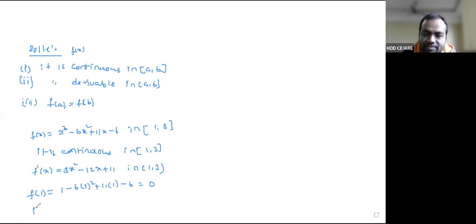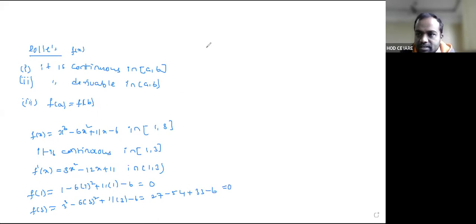Next, f of 3 is equal to 3 cube minus 6 into 3 square plus 11 into 3 minus 6, which is 27 minus 54 plus 33 minus 6, equal to 0. Therefore, the third condition is also verified. The three conditions are satisfied.